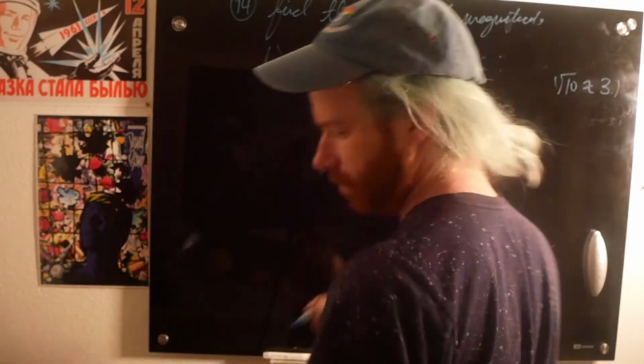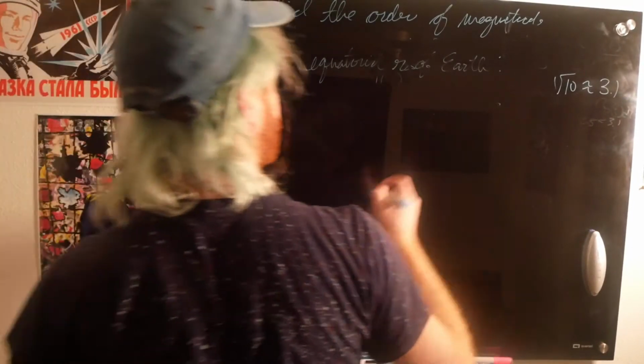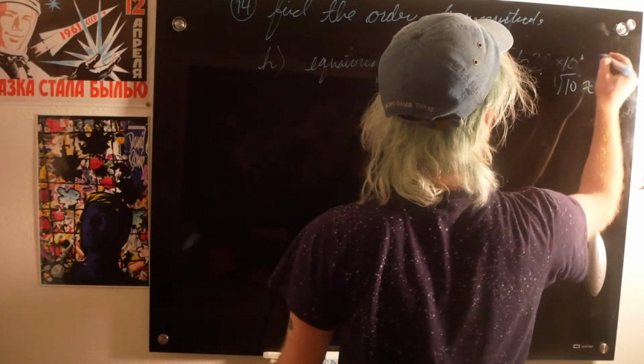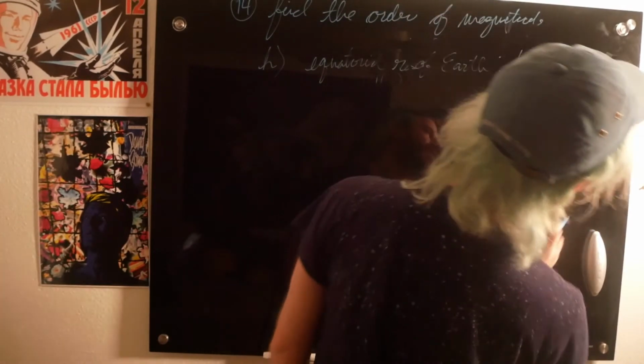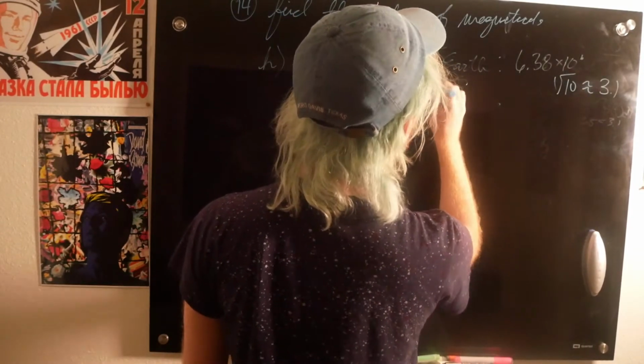And that is going to be 6.38 times 10 to the 6th meters. And this is greater than 3.1, so we're going to estimate 10 to the power of 7.